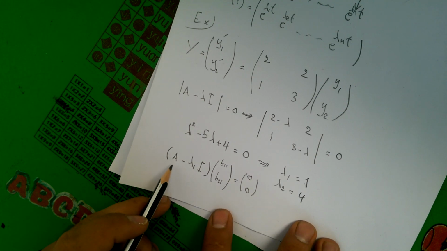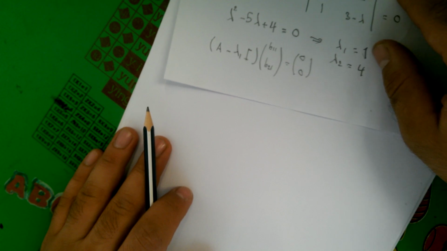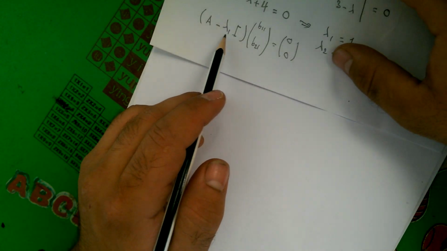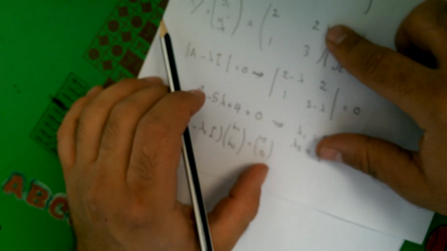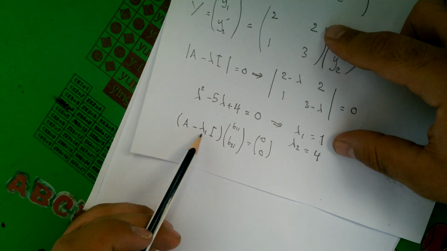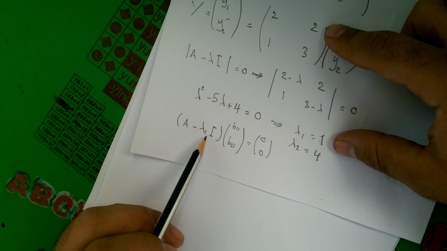Write this: A minus lambda 1 I. Here is A, and lambda 1 is equal to 1. Multiplied 1 times identity is also identity.